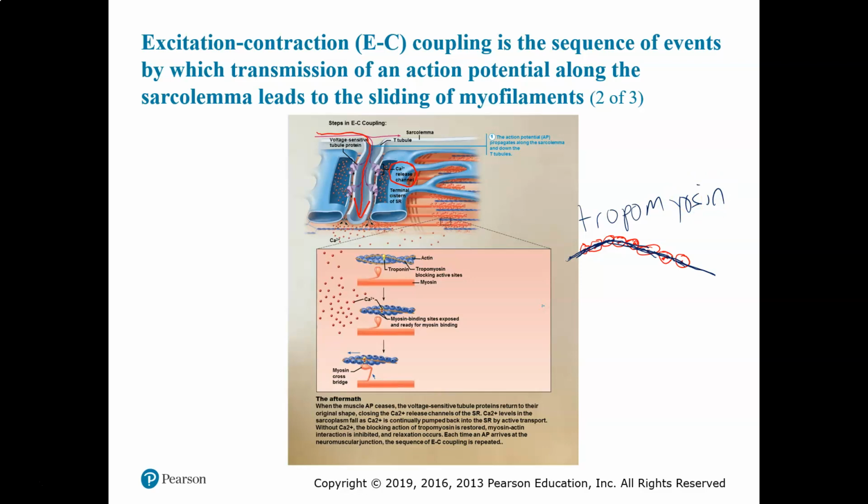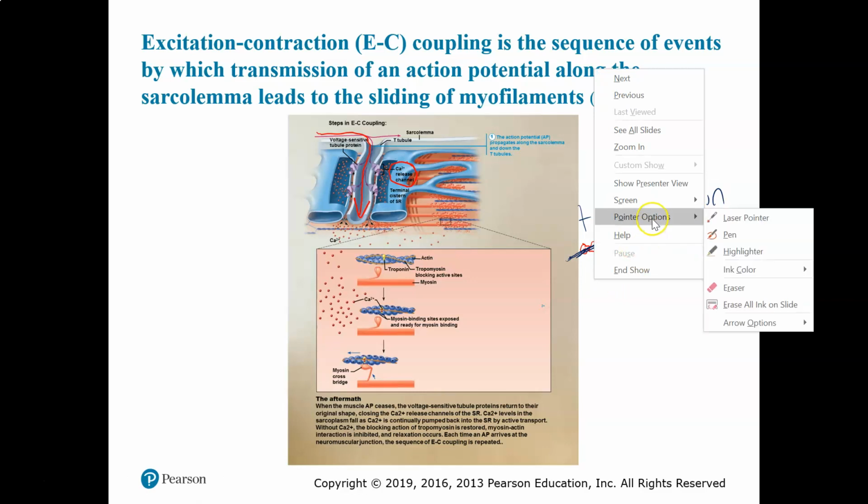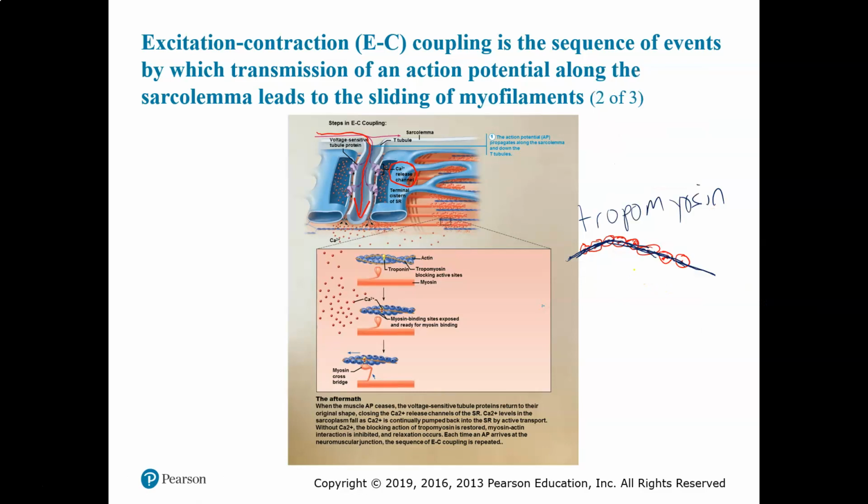So what is holding the tropomyosin in place is another molecule called troponin. And we'll do that one in a different color. You usually see it in yellow. It kind of looks like an upside down snowman. All right, so this is what the calcium does.